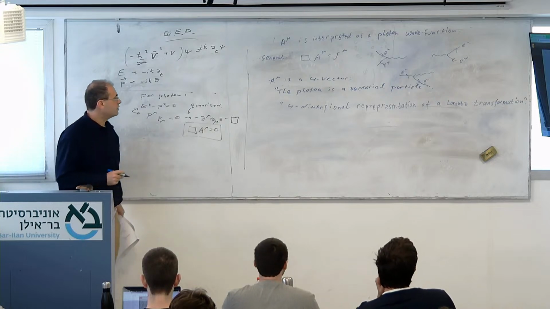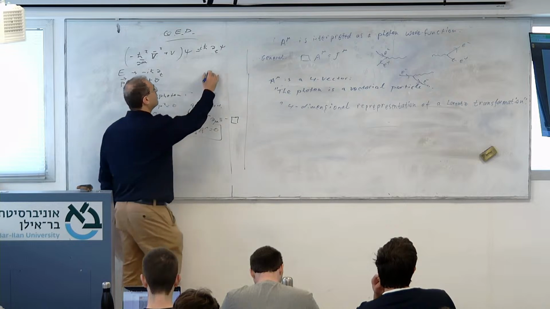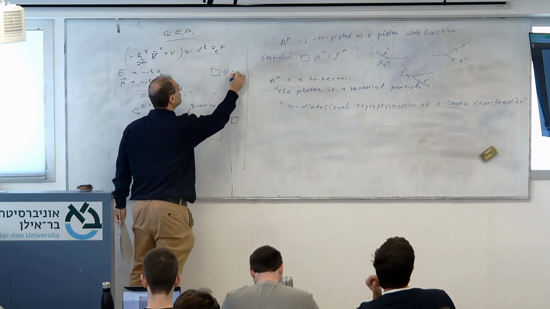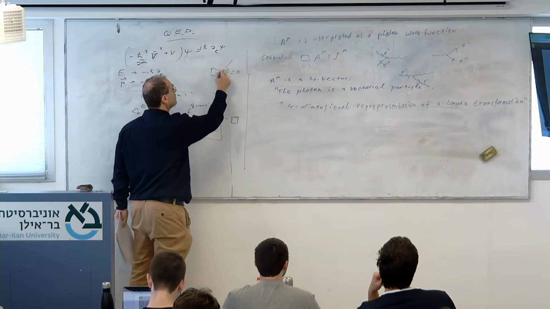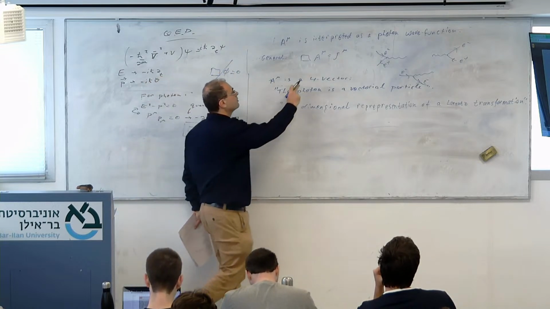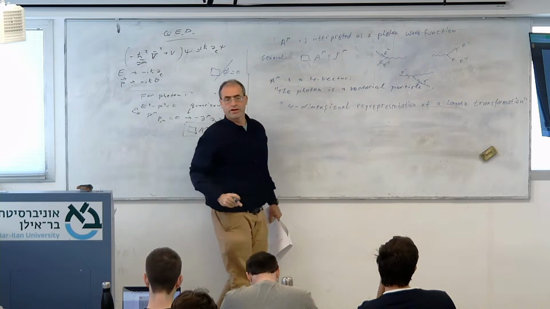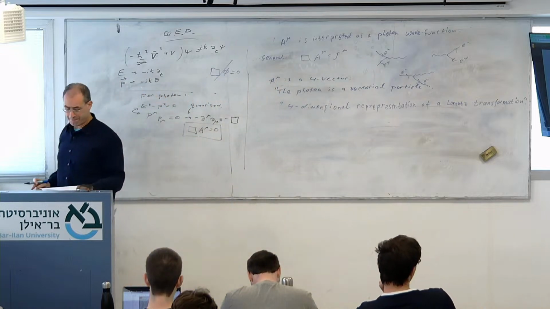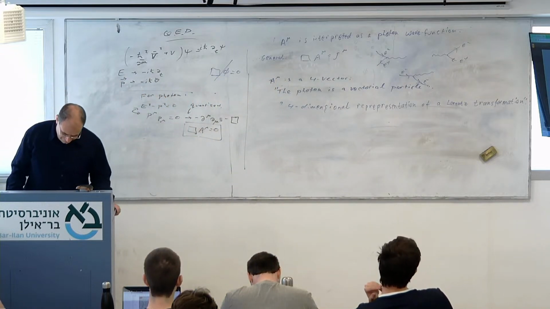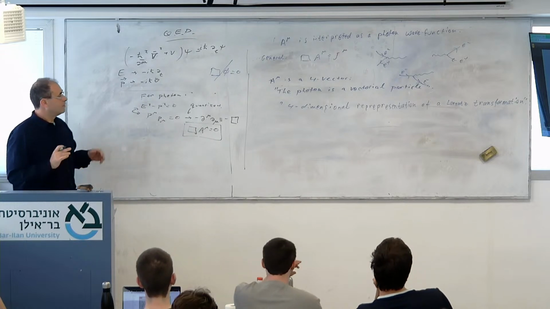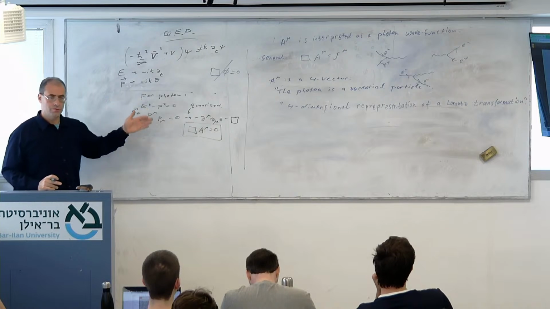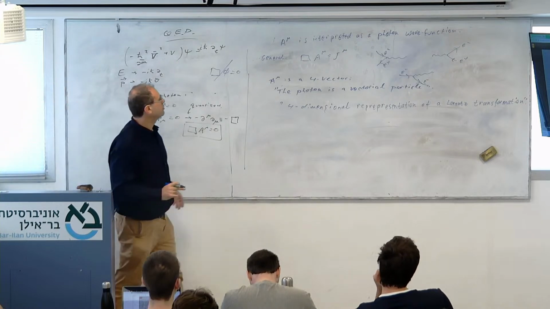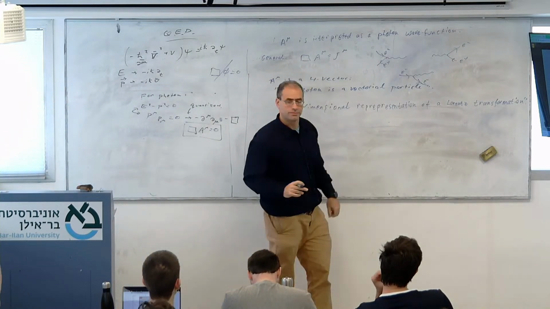Okay, now note that we could have written something like nabla squared of phi is equal to 0. Phi is a scalar function, so it's not the same. This photon is a 4 vector. If it's a 4 vector, let's find a solution to this equation.